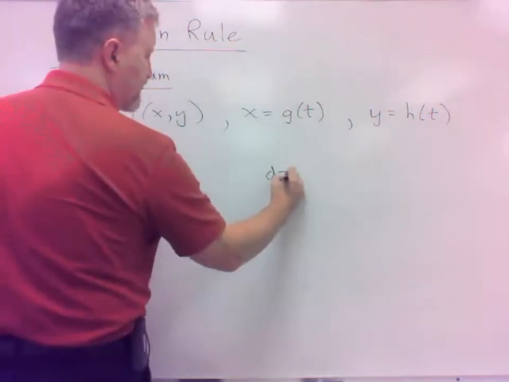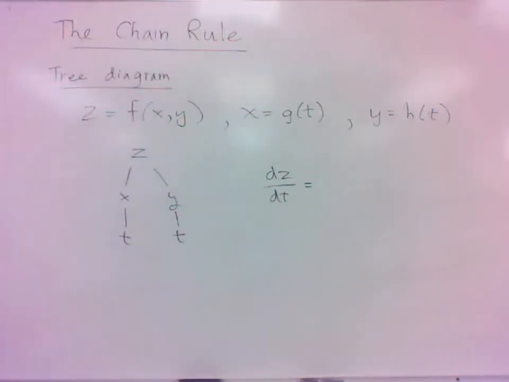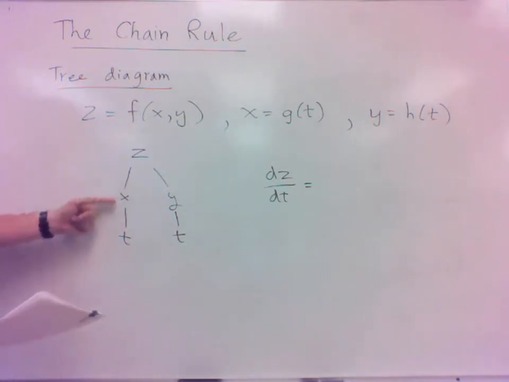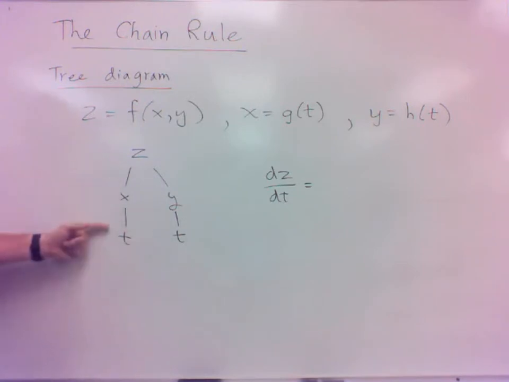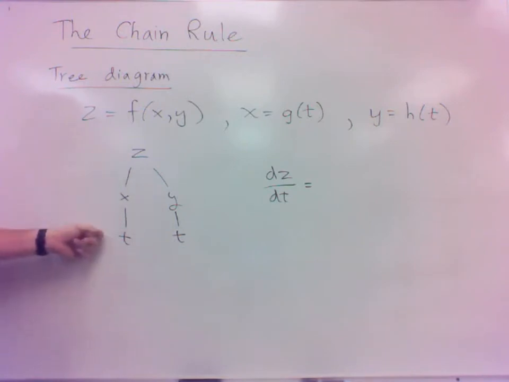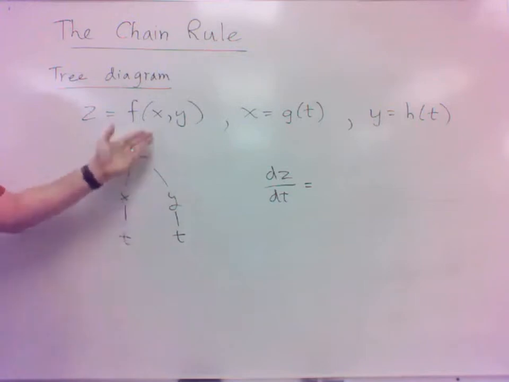Okay, so I want to talk about dz dt. And so from the tree diagram, what we've got is dz dt then is the product of all the derivatives along this path from t to z. So you do all the products of the derivatives from t to z, and then you add those together.